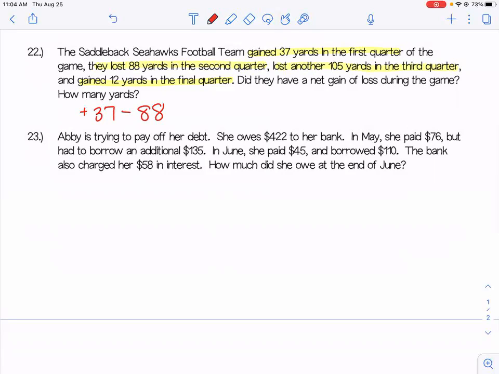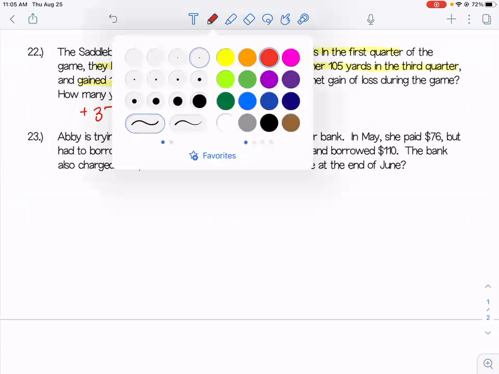Then they lost another 105 yards. Okay. So we're going to go backwards again, 105. But then it says they gained 12 yards in the final quarter. Gained means we're going to do what operation? Add. Okay. So now we get to add these together.